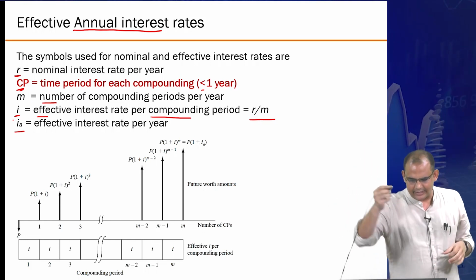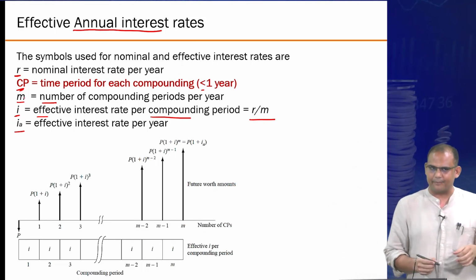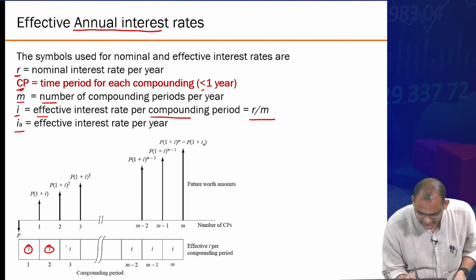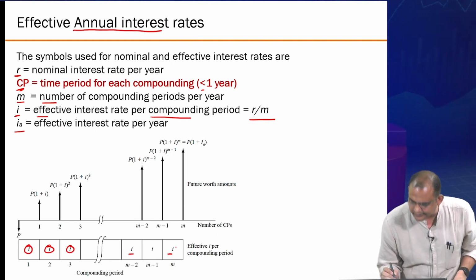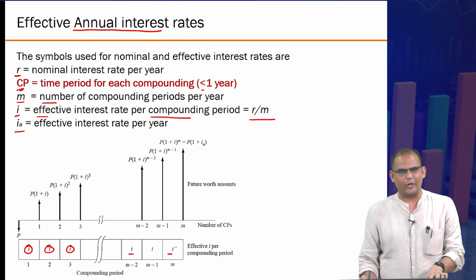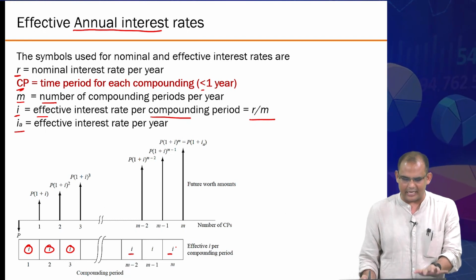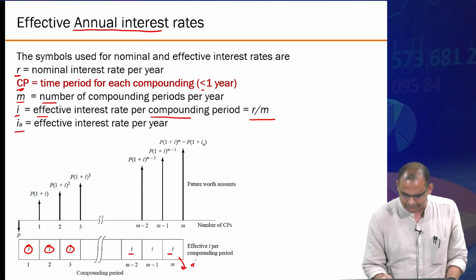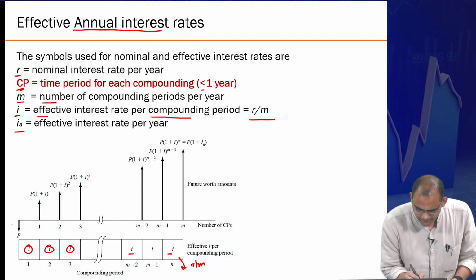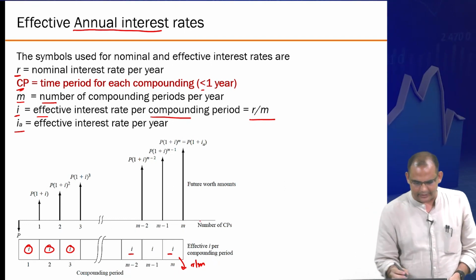What I have done is, let's say there are M number of compounding periods. In each of those M periods, my intermediate interest rate is this small I. This you already know. M is given, I is already R by M, right?